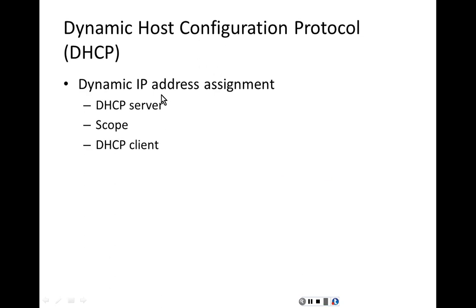In the DHCP protocol, a DHCP server has a group of IP addresses, and that group of IP addresses is called a scope. And a DHCP client is the computer which receives the IP address. It's usually a workstation, but it could be a printer or a server.